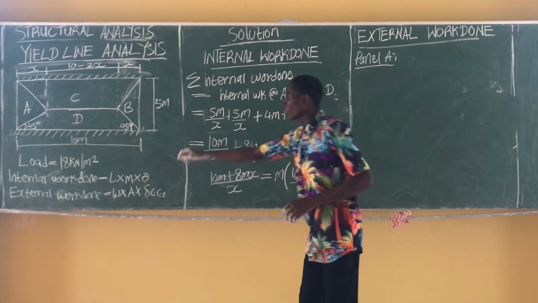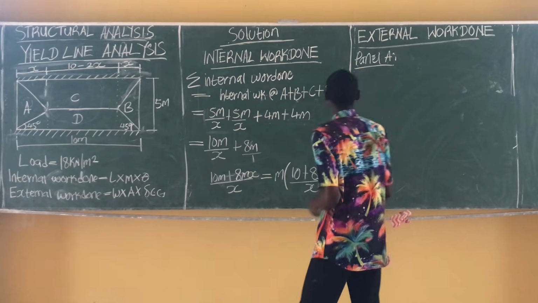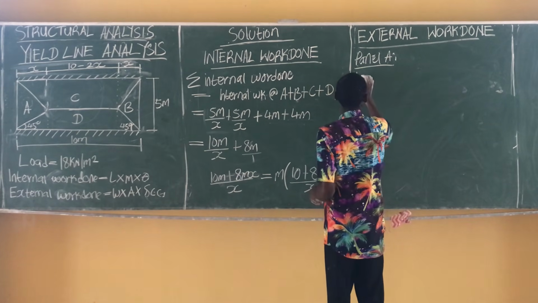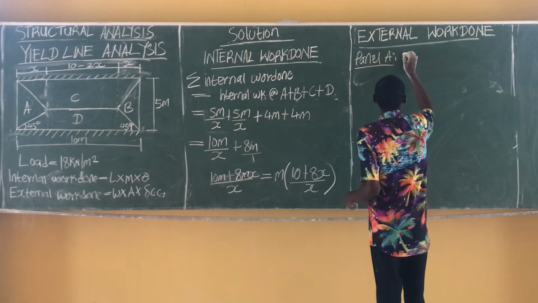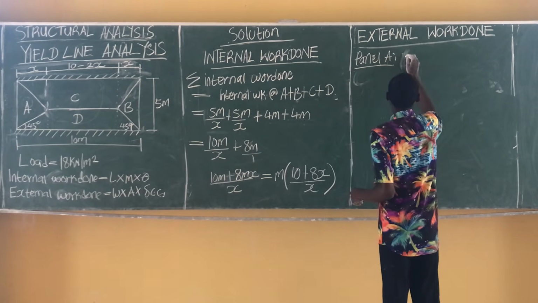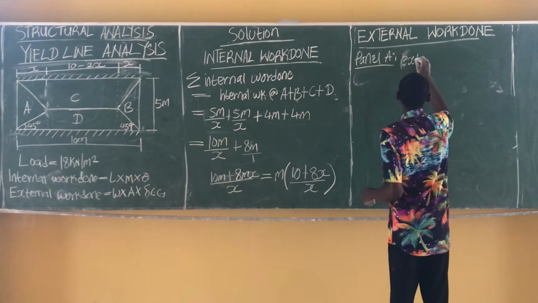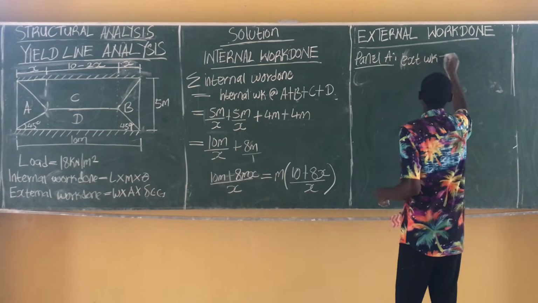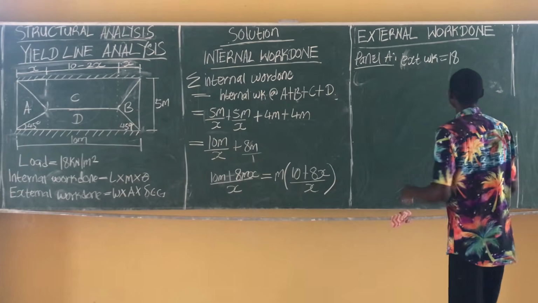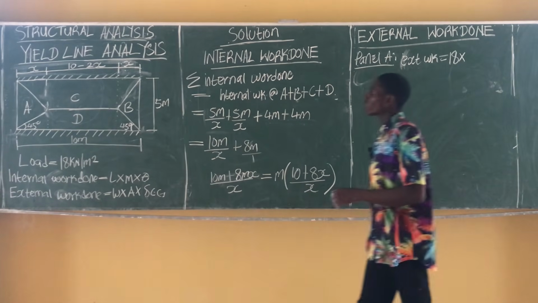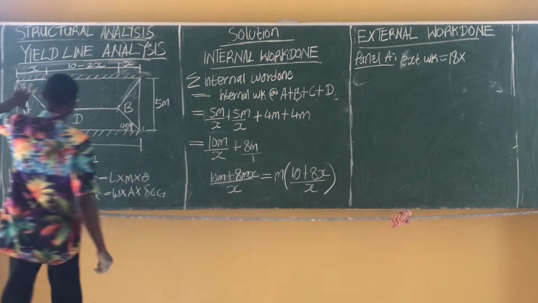So for panel A, what's the given load? For panel A, external work done is equal to the load, which is 18, times the area of this segment.